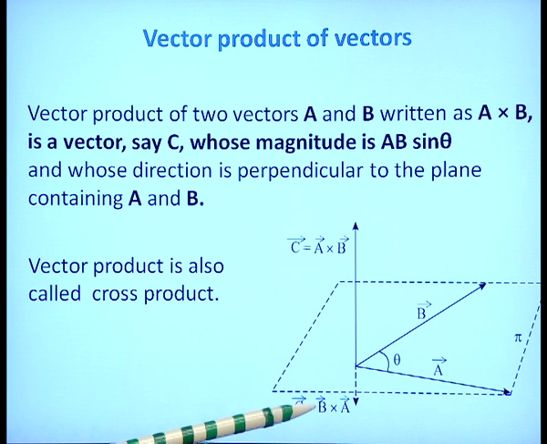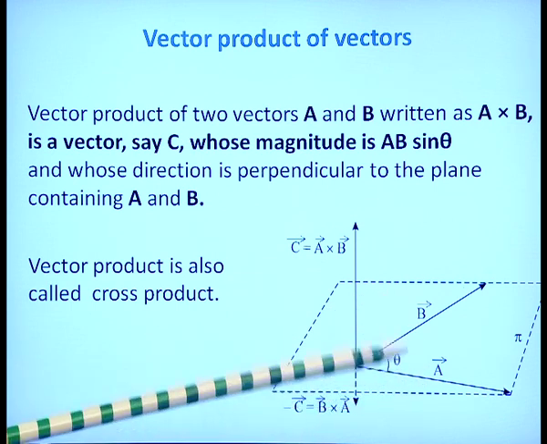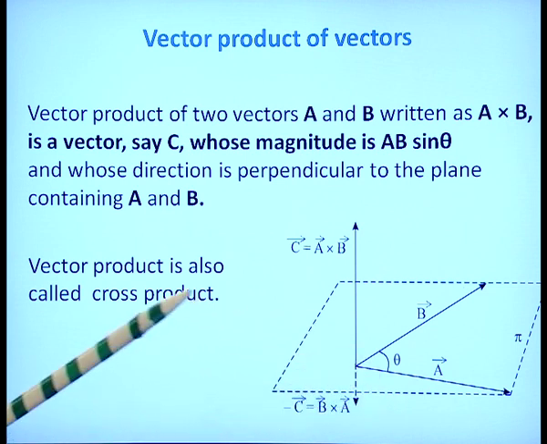But in case of B cross A, it will be in clockwise direction. So, if we curl our fingers in clockwise direction, then the direction of thumb is in downward direction. Hence, the resultant vector will be in downward direction.